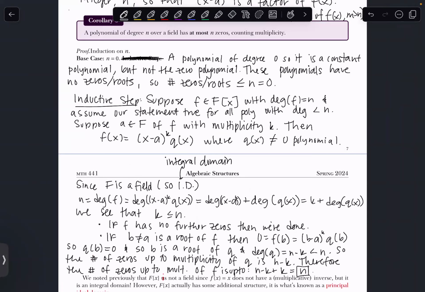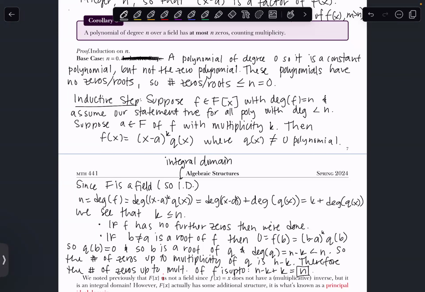Again, this doesn't tell you that you have exactly the same number of roots as your degree, but it gives you a maximum. It gives you a cap. Now I know I have between 0 and n roots up to multiplicity for any one of my non-zero polynomials. For my 0 polynomial, this is much different. If I plug any number into this function, if I think of my polynomial as a function, I always get 0 out, right?